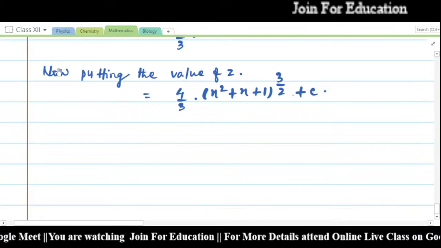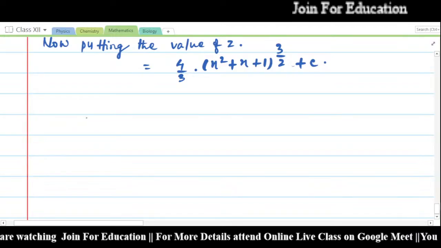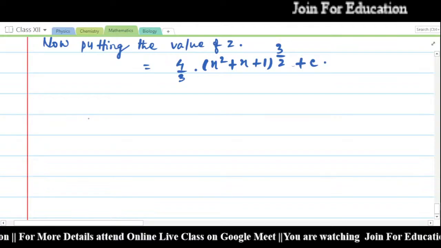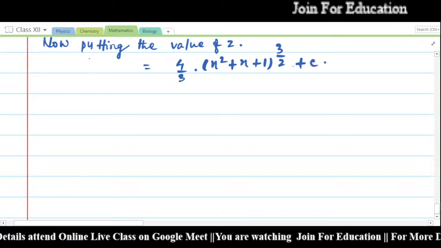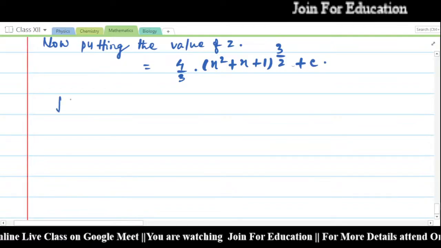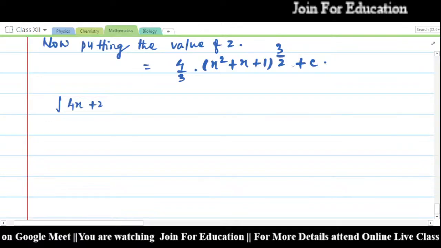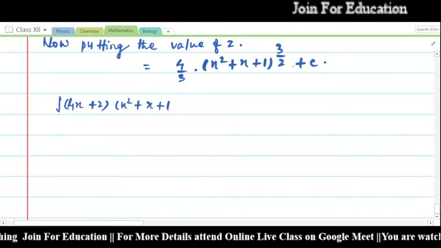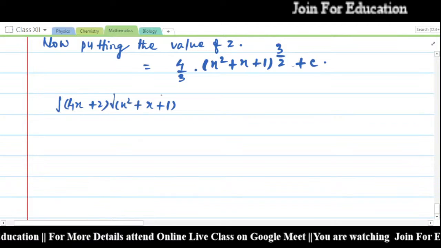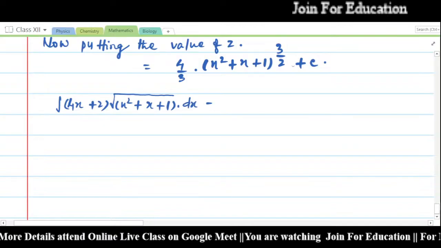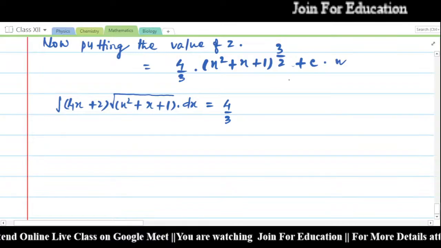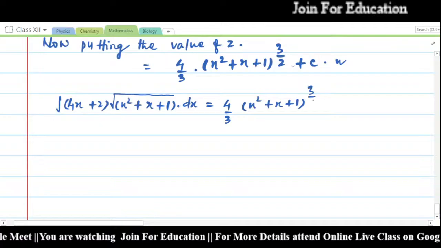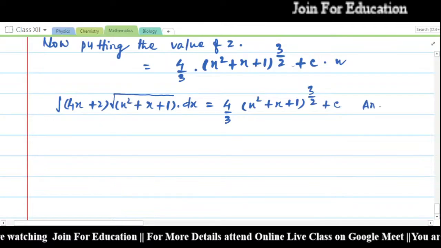So the final step here will be integration of 4x plus 2 into the root of x square plus x plus 1, dx, equal to 4 by 3 into x square plus x plus 1 to the power 3 by 2 plus c. So this is the answer.